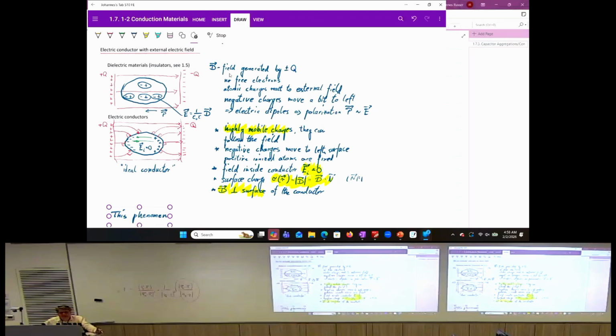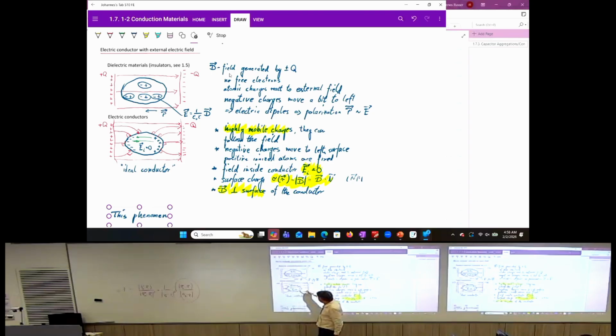There's no electric field. You see the charges are compensating the electric field. The negative charges are now being pulled to this side here, and for that reason the electric field is pushed out.